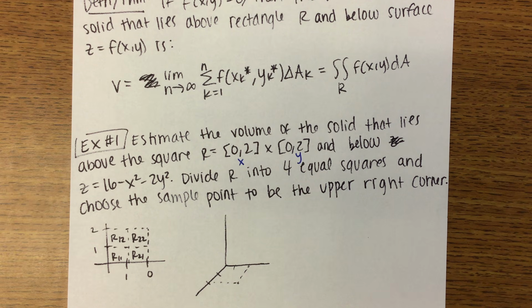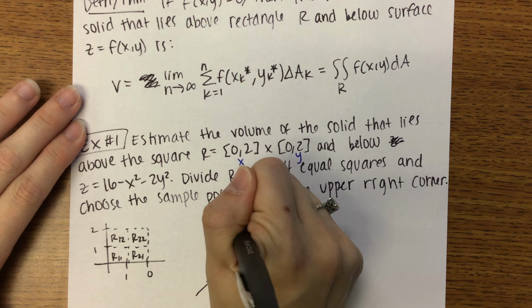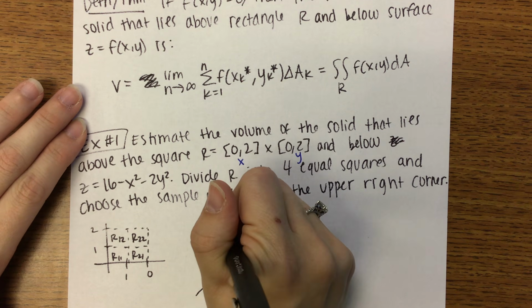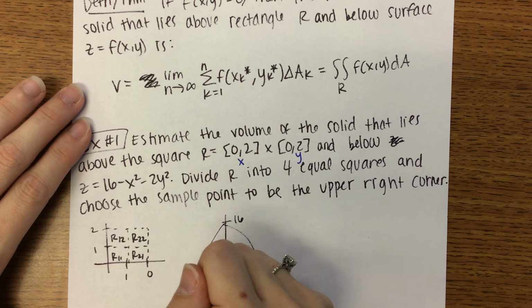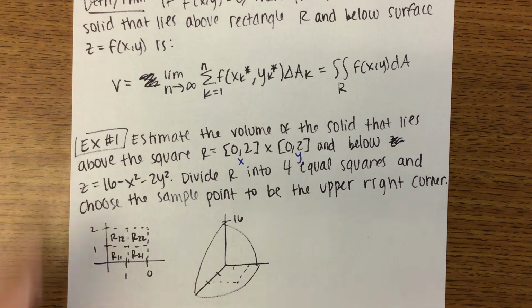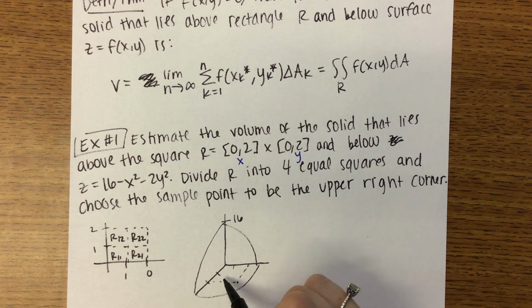Ellipses. Yes, it's an elliptic paraboloid. Oh, that was kind of torturous. Elliptic paraboloid. So z is going to come up here. It's going to come down something like this. So we are specifically interested in the volume between our surface and this square. So mapping our square up onto the surface.